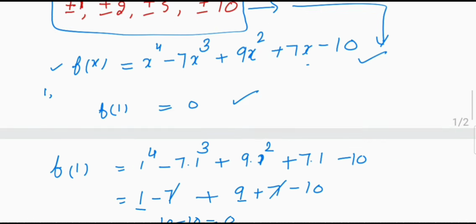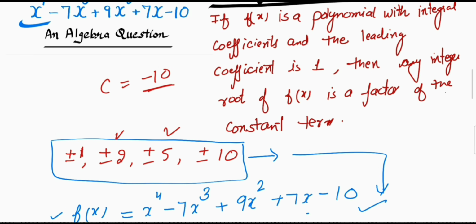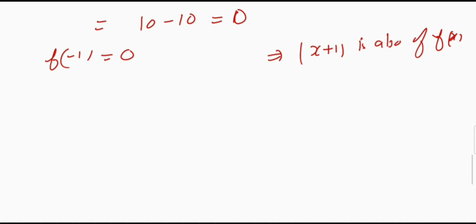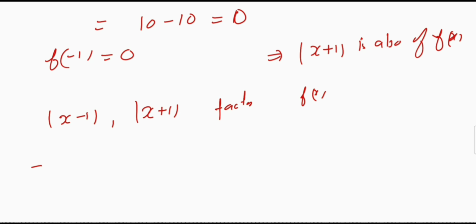One by one we have to put all the values to find out the other factors of this polynomial. But here is a trick. We know that x minus 1 and x plus 1 are the factors of f(x). If we multiply these two, we get some polynomial.